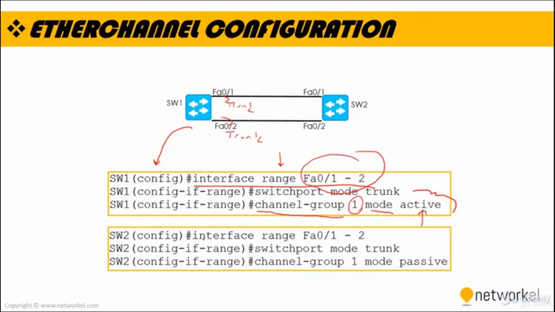Alright, cool. And on switch 2, I'm doing similar things. Interface range, then switchport mode trunk, but please pay attention that this time the channel group numbers are matching, and I'm using passive for this side.